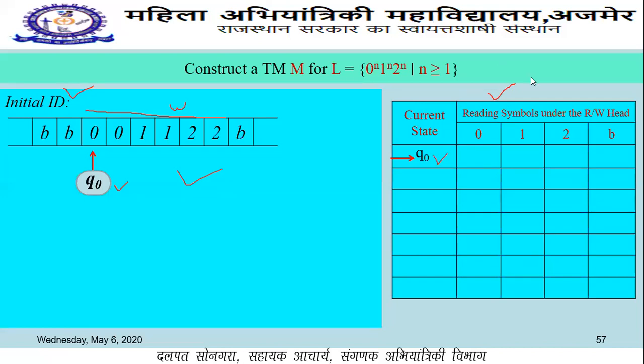Now if we think over the logic for the solution of this language L, it is very simple and similar to the language L1 having 0 to the power n and 1 to the power n, where n is greater than or equal to 1.